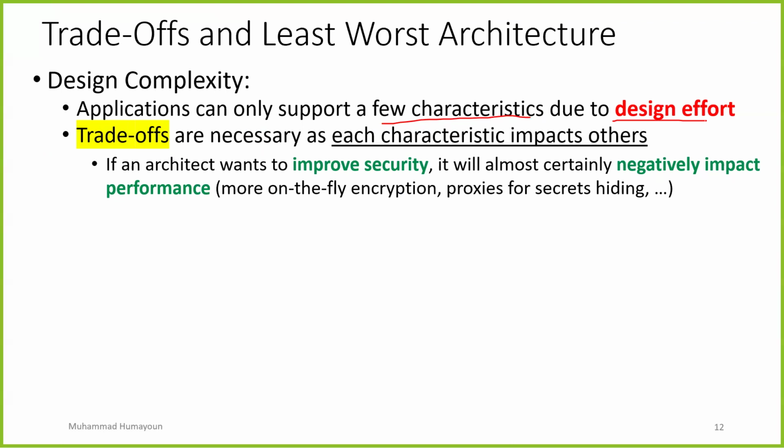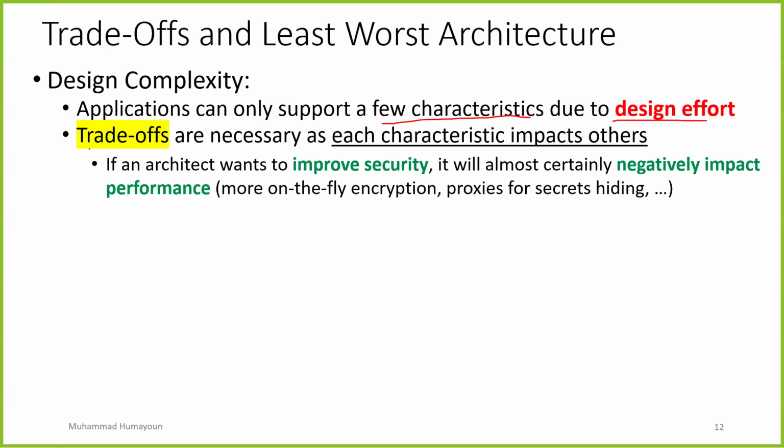Every organization has limited resources, so you have to pick some architectural characteristics, not all, so that you can do the design in a timely way. The design effort should be manageable.